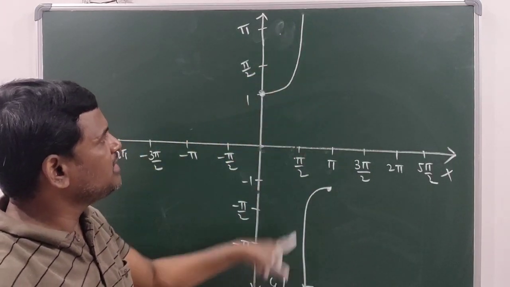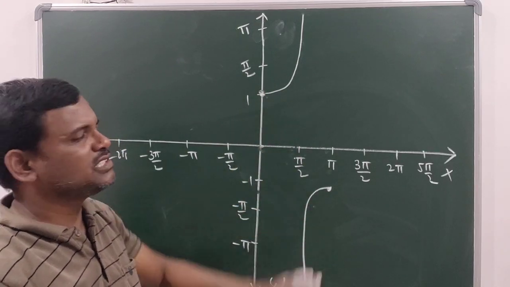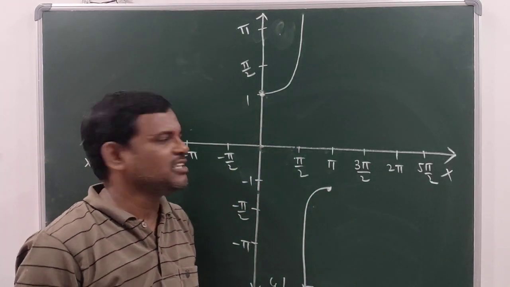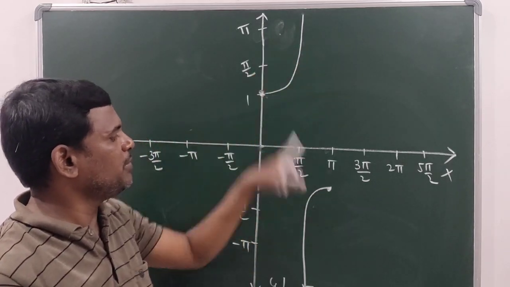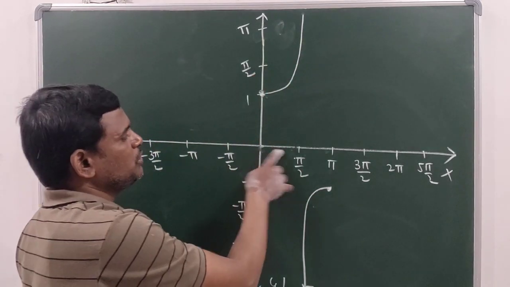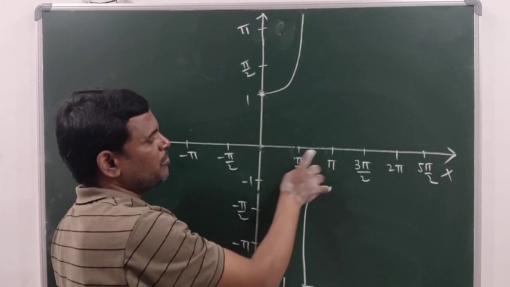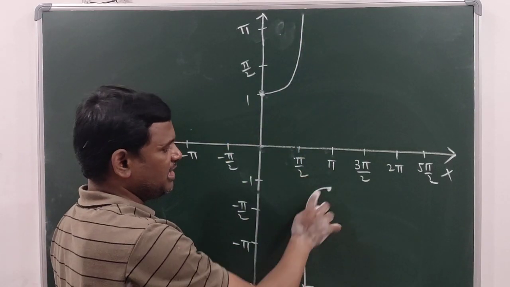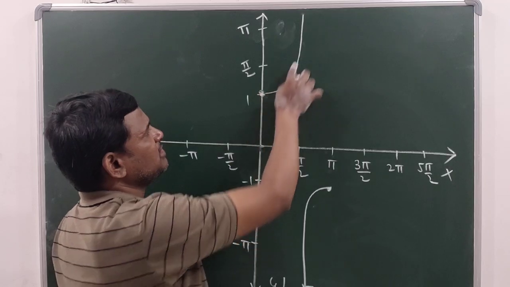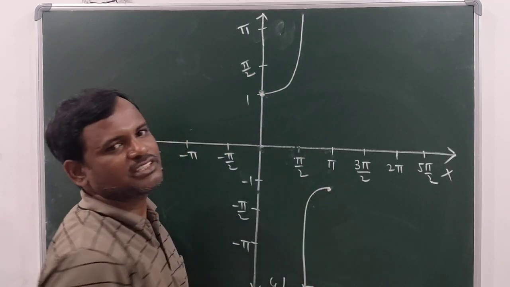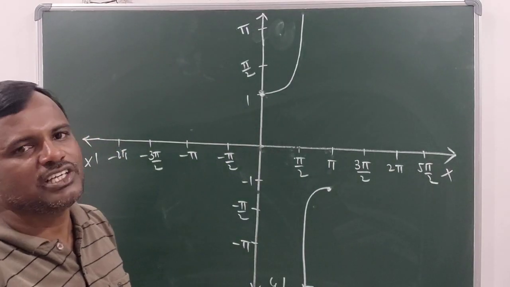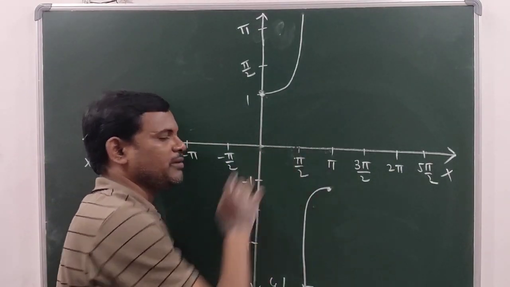That x equal to 90 is the asymptote for this secant x graph in its principal domain 0 to pi, where at 90 you are getting the break. Here from 0 to 90 strictly increases, from 90 to pi strictly increases, because domain values are increasing, range is increasing. So this is the graph of secant x in the interval 0 to pi.